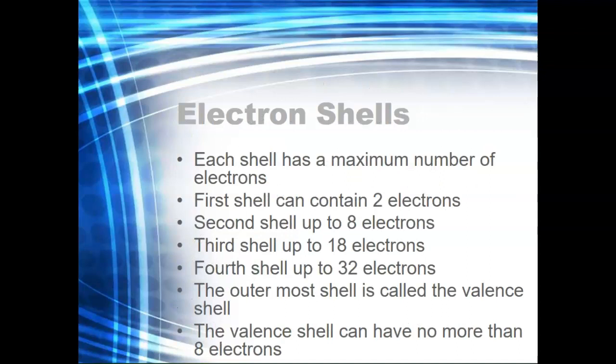So each shell has a maximum number of electrons. The first can contain 2, the second is up to 8, the third is 18, fourth is 32. These outermost shells cannot have more than 8 electrons at any one time.